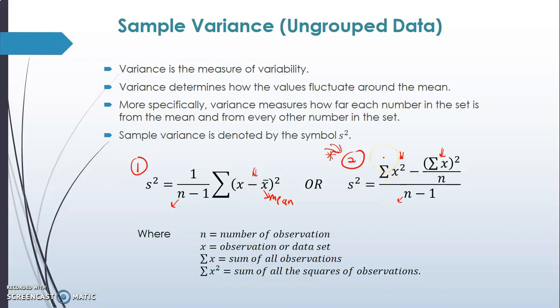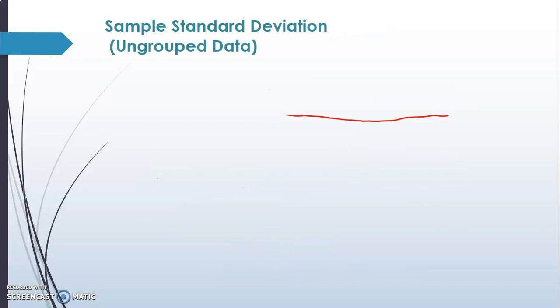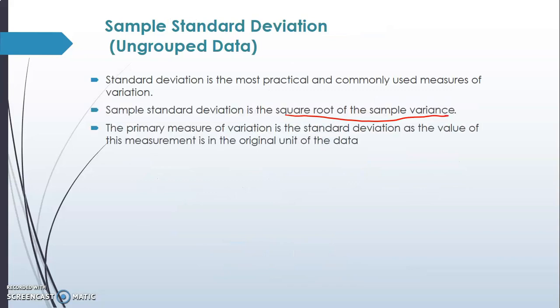Okay, we have the observation. Our observation is x. So we need to find the x square. So that means we need to square the unit. So the unit for variance is not the same as the unit of the original data set. Okay, but for standard deviation, it is the square root of the sample variance. Okay, when we square root something that has been squared, you will get the original value.